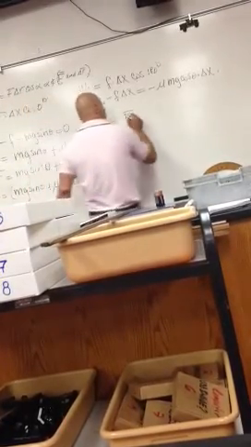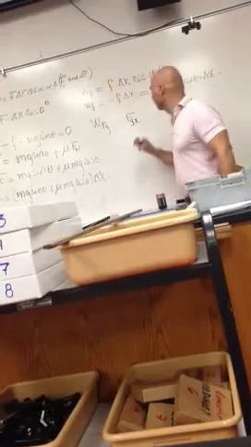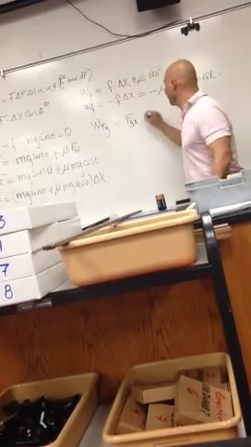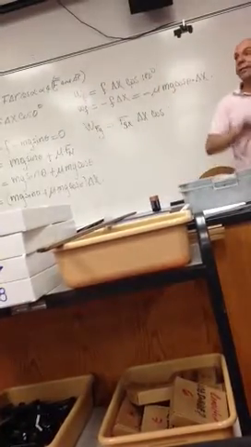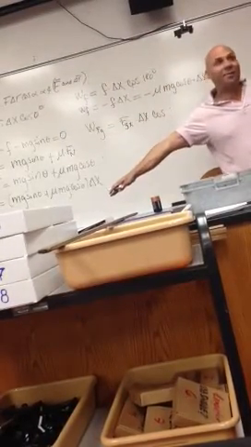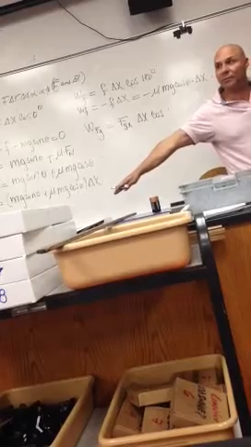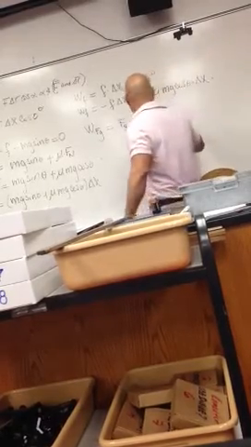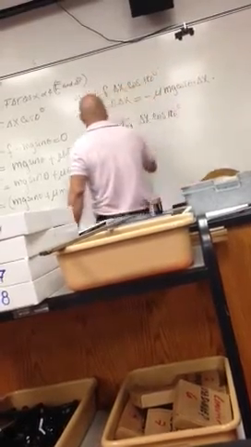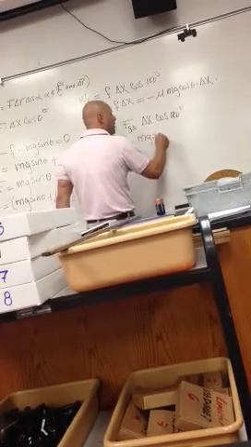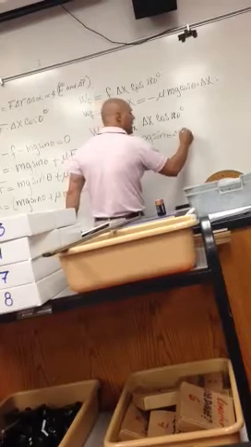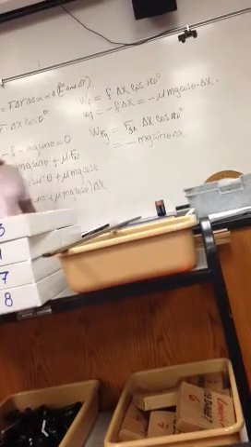So what will be Fg x times what? The displacement times what? Cosine of what angle? Now you look between Fg x and the displacement. How much is that? 180. So how much will be this? Negative mg sine theta times delta x, cosine 180 is negative, right?